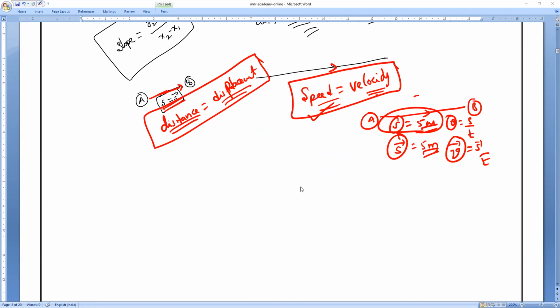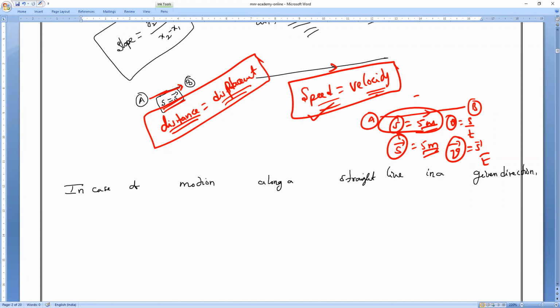So please write that statement, everybody. That is a very important statement. In case of motion along a straight line in a given direction, all of you write it.